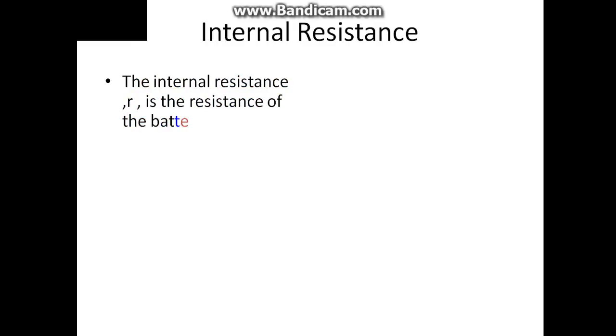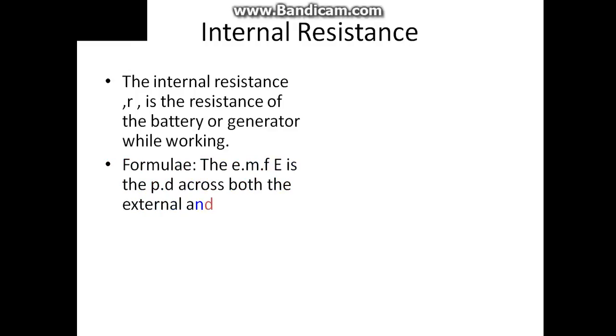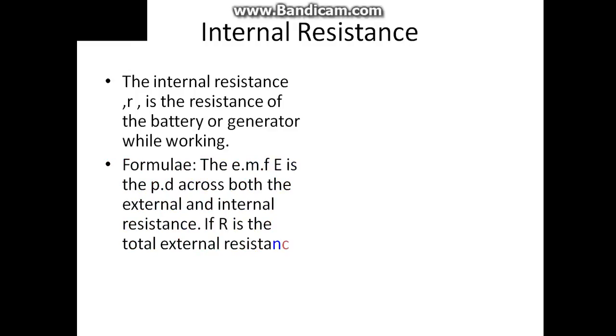Internal resistance. The internal resistance r is the resistance of the battery or generator while working. Formula. The EMF E is the potential difference PD across both external and internal resistance.